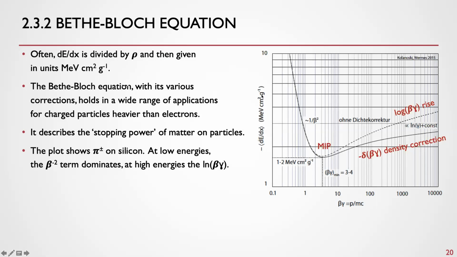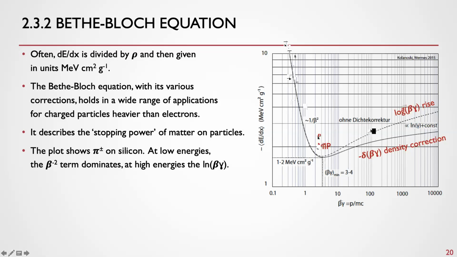If you multiply this with gram over centimeter cubed, you immediately get MeV per centimeter, and that's the energy loss of a heavy particle per unit length in a material if that beast has a beta gamma of a certain value. The crucial dependence is the 1 over beta squared term here that tells you at lowest momenta, particles very quickly thermalize. And at high momenta, you have a logarithmic beta gamma rise.